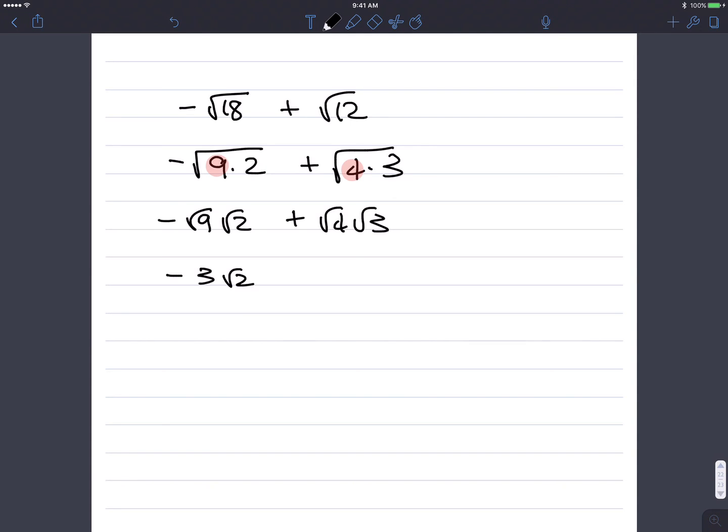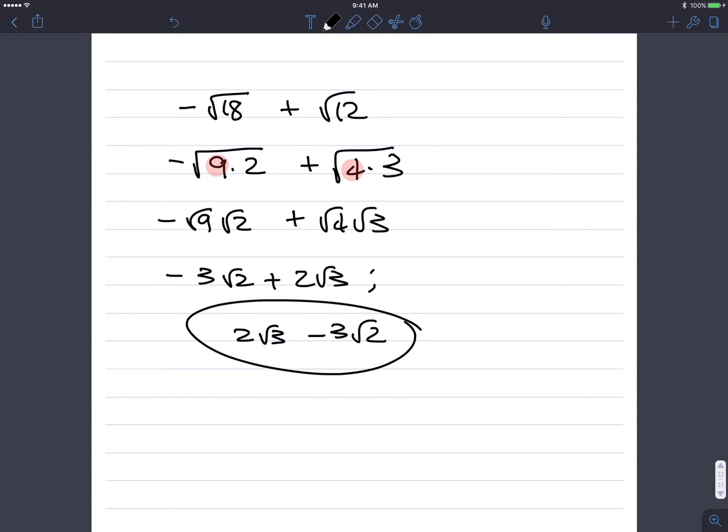Negative 3 square root of 2 plus 2 square root of 3, often written with the positive term first. So we just rewrote our terms with the 2 square root of 3, which is positive, first, and then the minus 3 square root of 2, which is negative, second. Either way would be fine as an answer, but I prefer the second one.